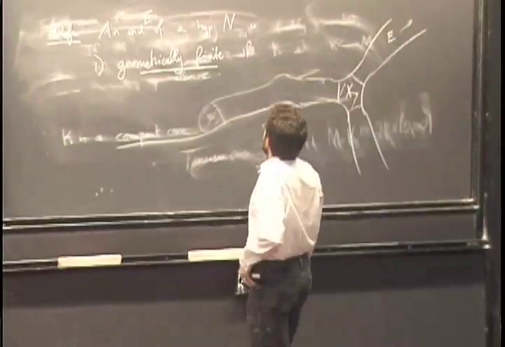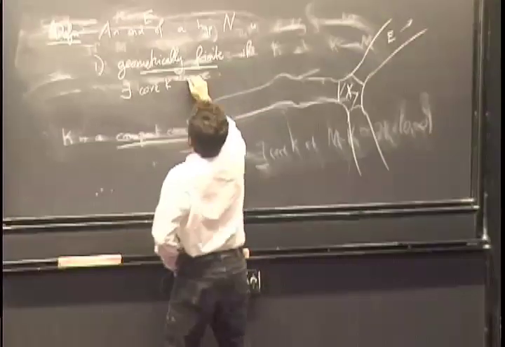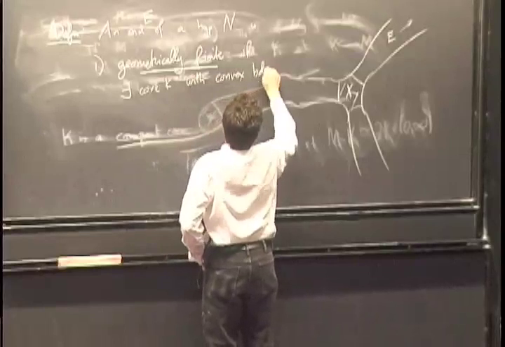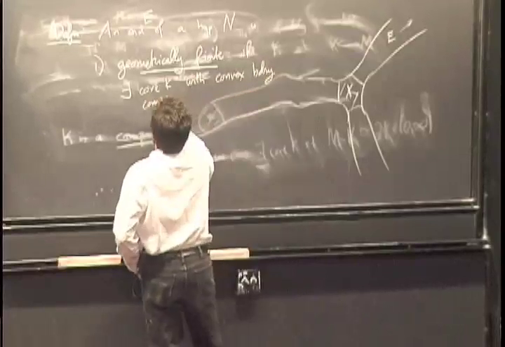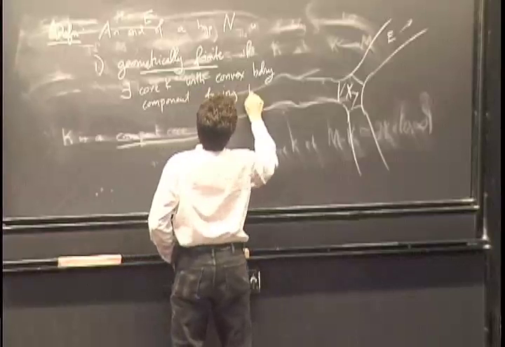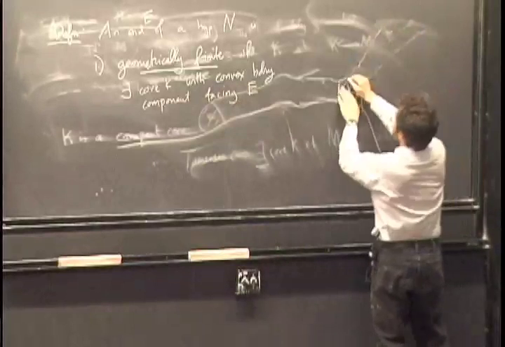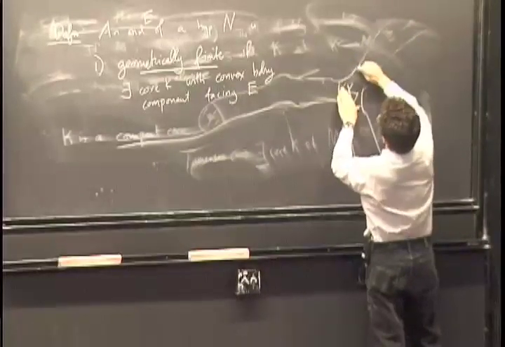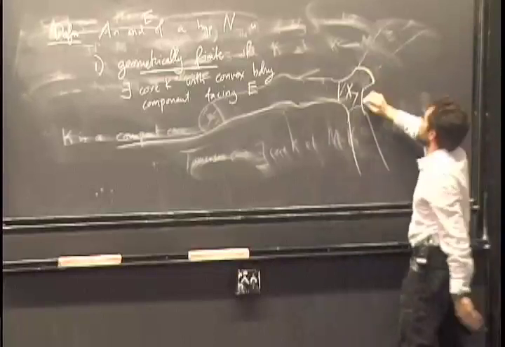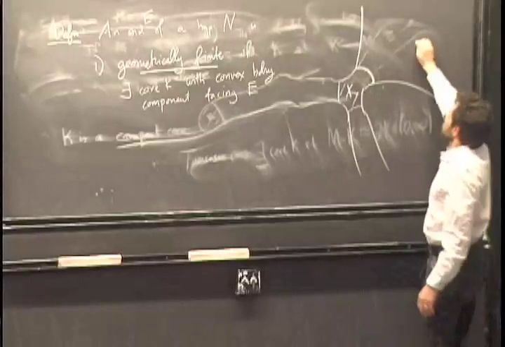So an end is geometrically finite if there exists a core K with convex boundary component facing the end. So the picture here is this: if I can put in a surface here on my core, which is convex in the standard geometric sense, then this end is called geometrically finite.